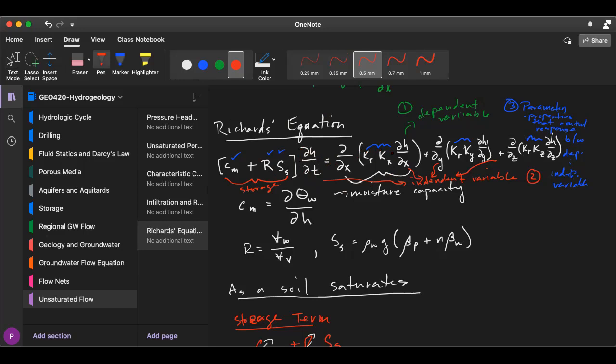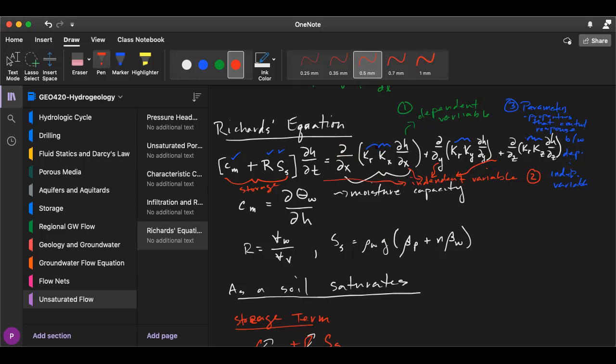Is it homogeneous or heterogeneous? Heterogeneous, why? Yep. Why is it heterogeneous? Yeah, it's inside the spatial derivative.